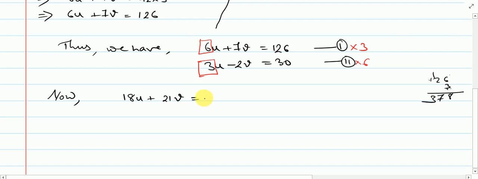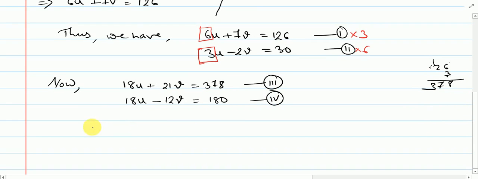So you get 378 over here. This will be your equation 3. Then 6 will multiply to each term over here. So you get 18u minus 12v is equal to 180. This will be equation 4.